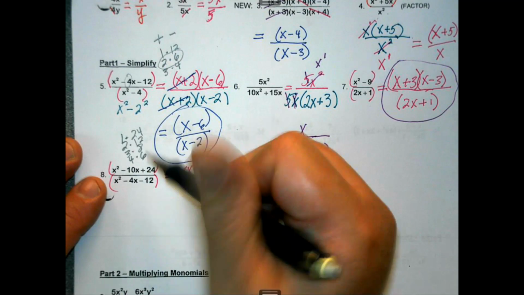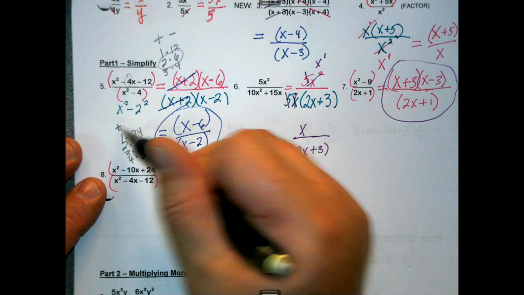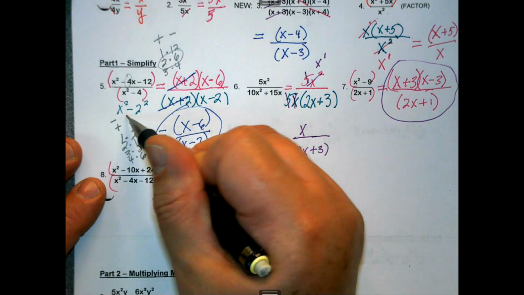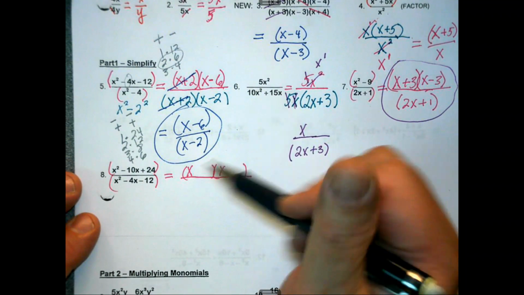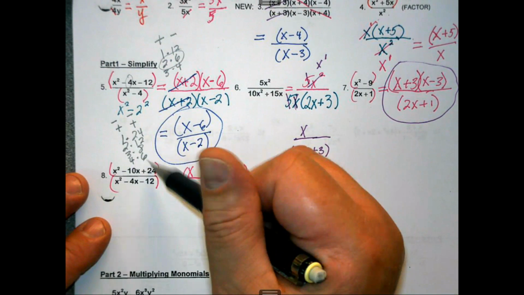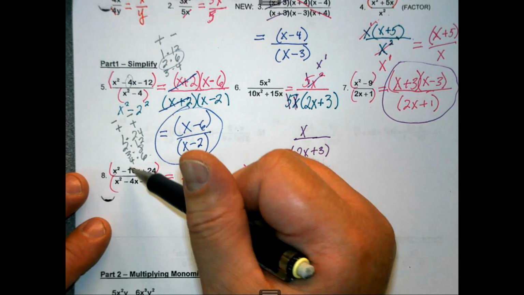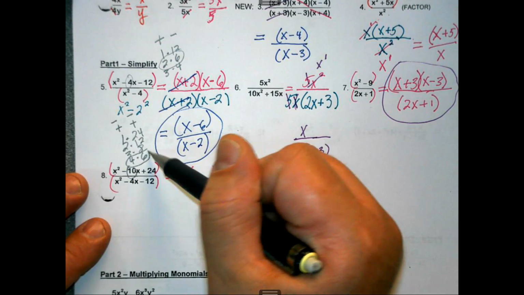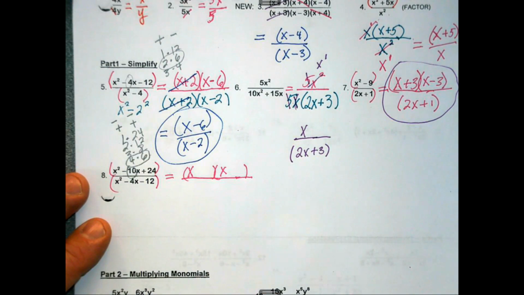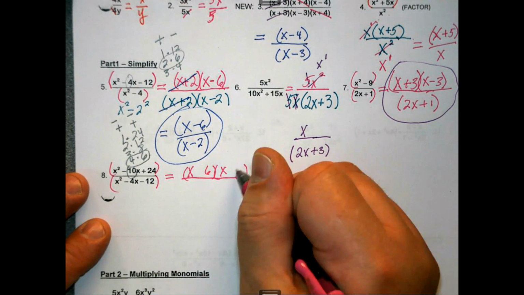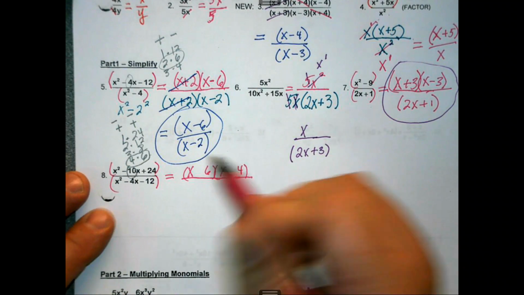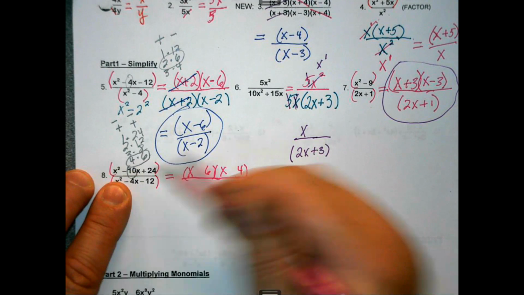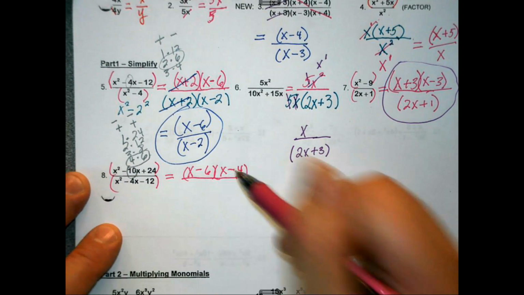It's the same sign. It's a positive, so it's positive times positive or negative times negative, which means the factors are going to add, and they have to add up to 10. 6 and 4. And they add up to a negative number, so they have to both be negative.